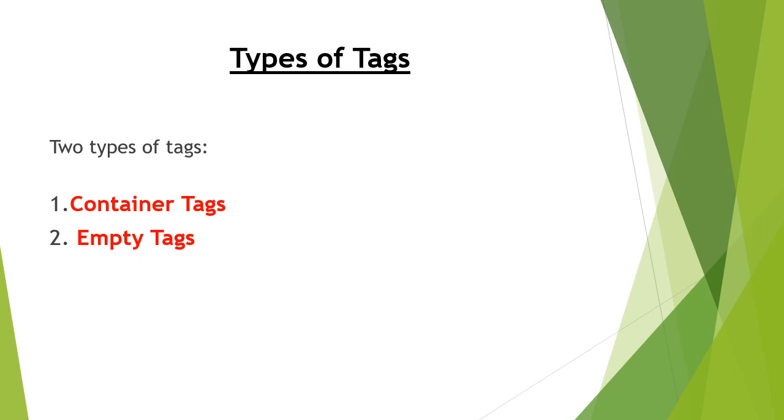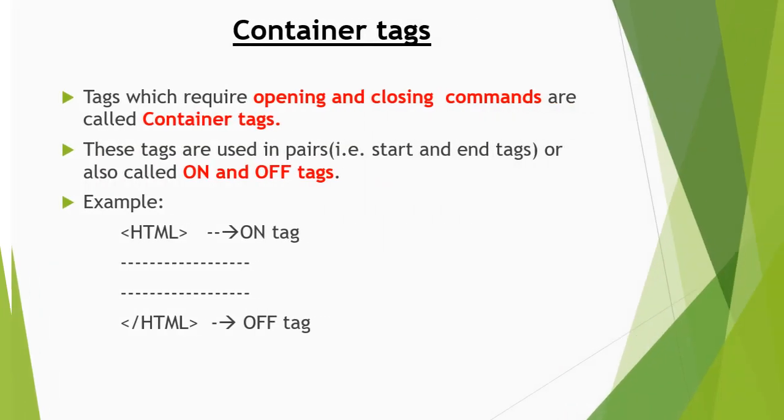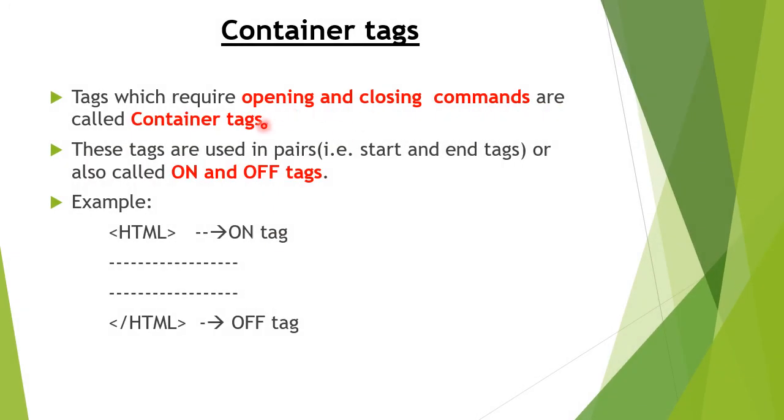Now, how many types of tags are there? There are two types of tag. One is container tag and the second is empty tag. So we will study about both. First, we'll start with container tag. Container tags.